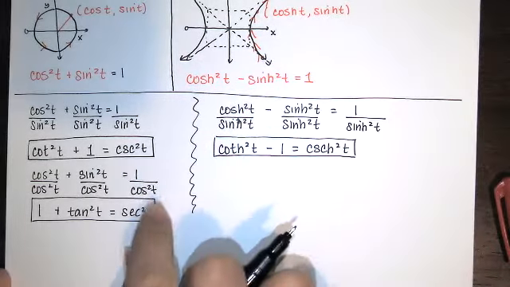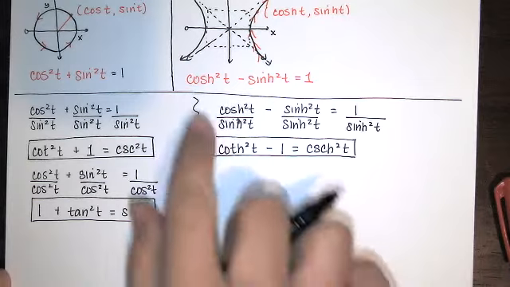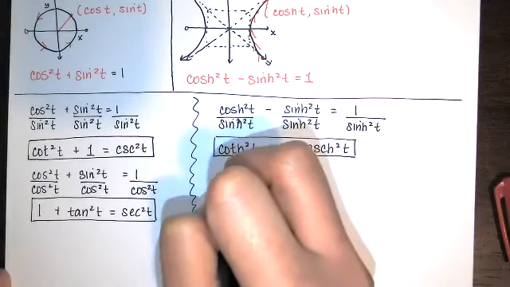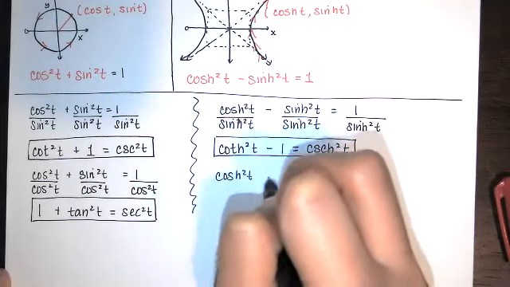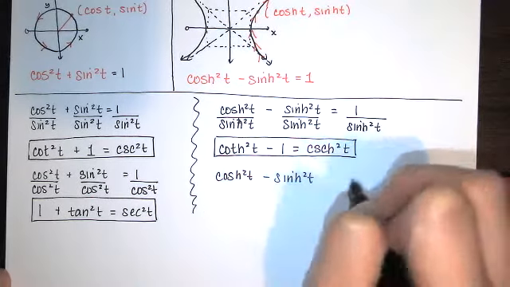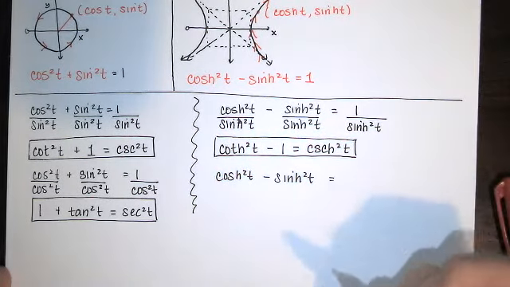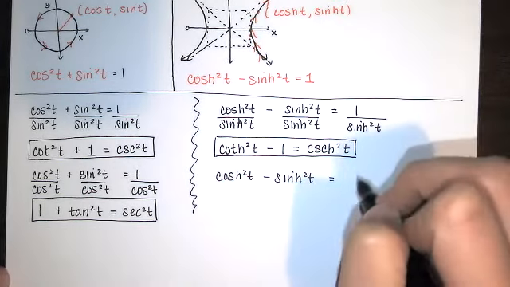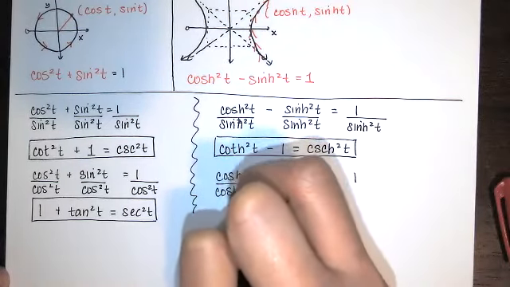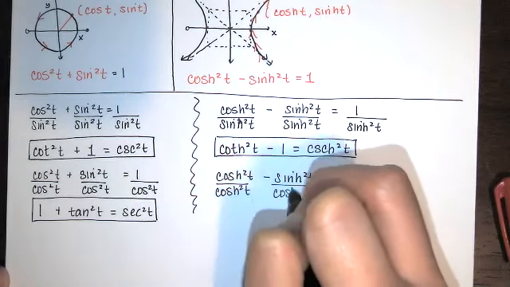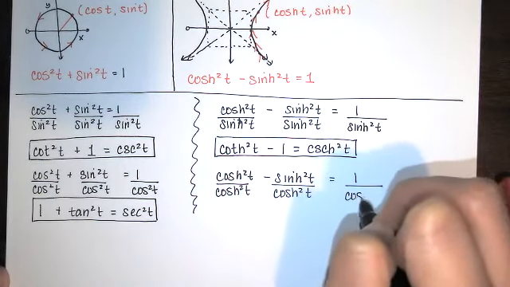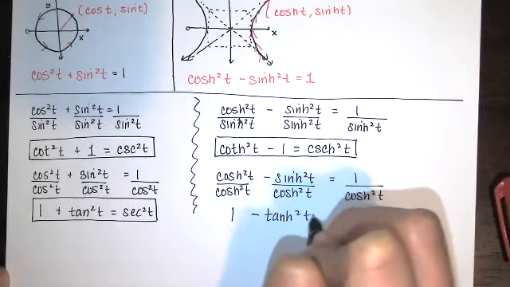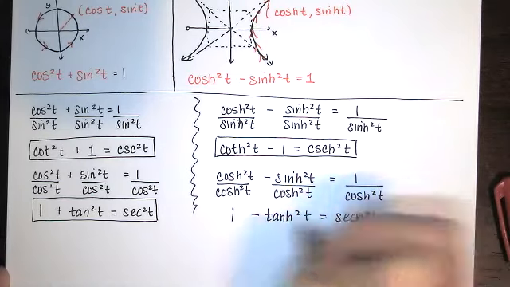If I take this and I divide it by, let's say, hyperbolic cosine squared, then we get 1 minus hyperbolic tangent squared equals hyperbolic secant squared.